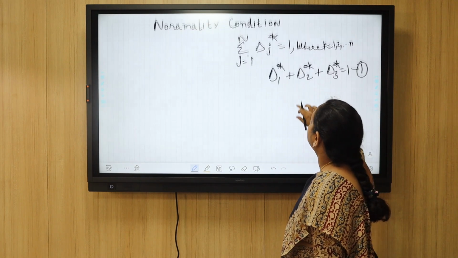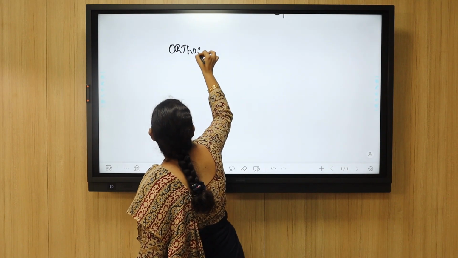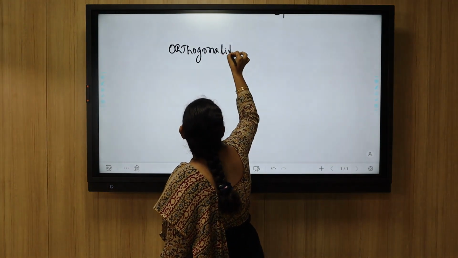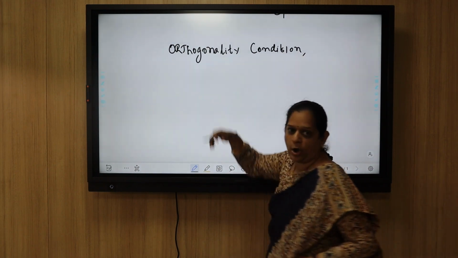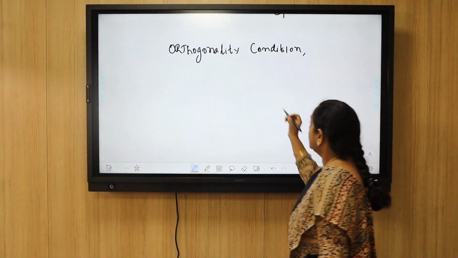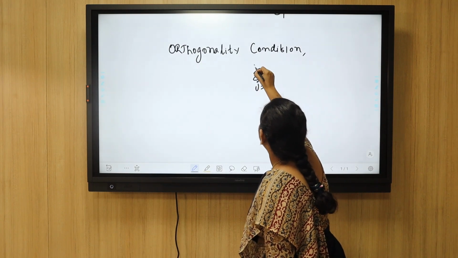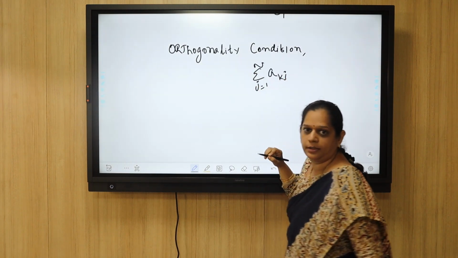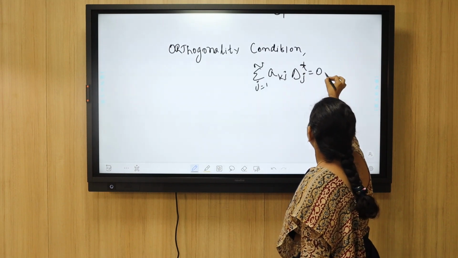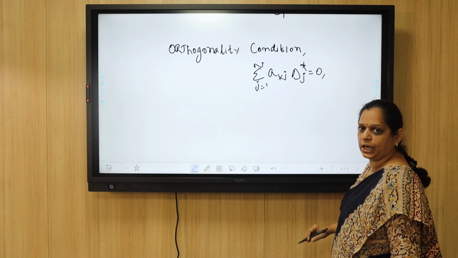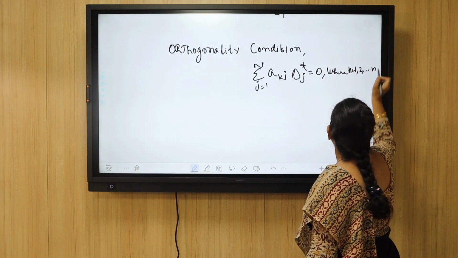Then coming to the next one, the orthogonality condition. The orthogonality condition is sigma j equal to 1 to n, a kj delta j star, equal to 0, where k equal to 1, 2, and so on, just the same as the normality condition.